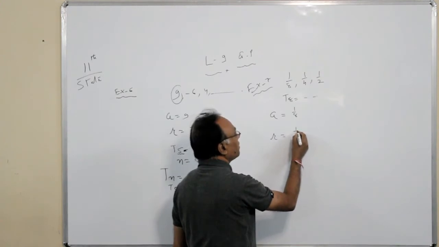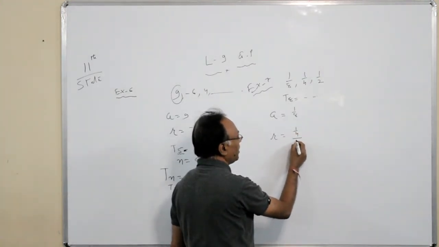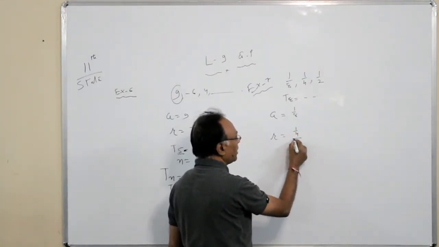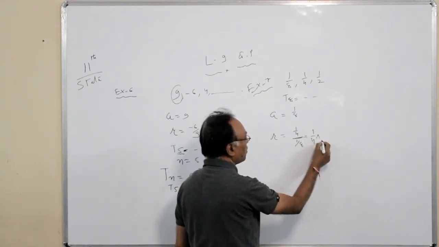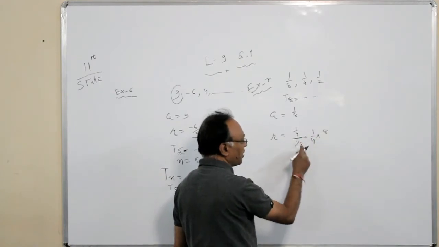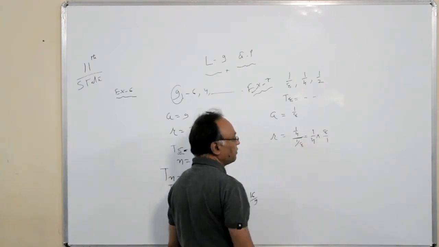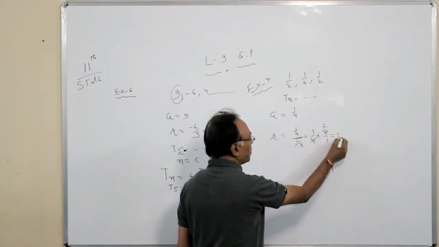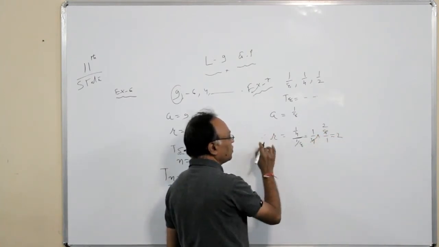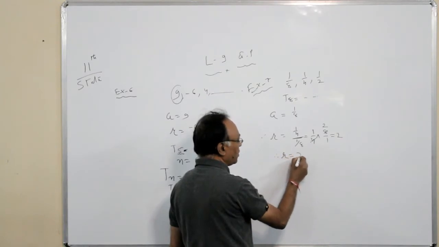So 1 upon 4 divided by 1 upon 8. Divided, convert into multiplied: 1 upon 4 multiplied by the reciprocal of 1 upon 8, that is 8 upon 1. 4 1s are 4, 4 2s are 8. So R is equal to 2.